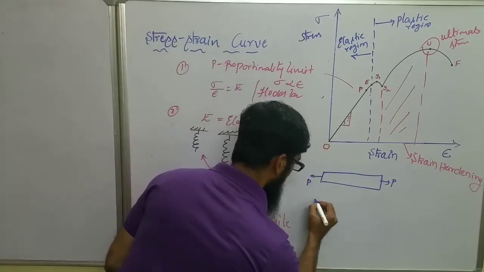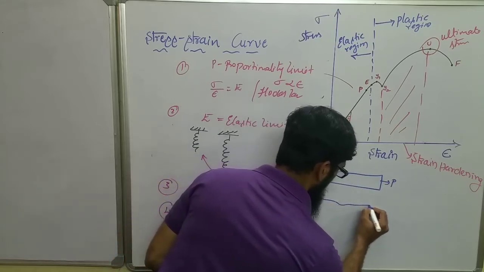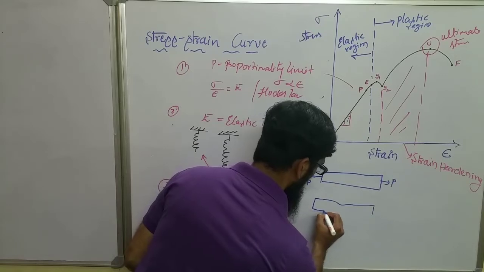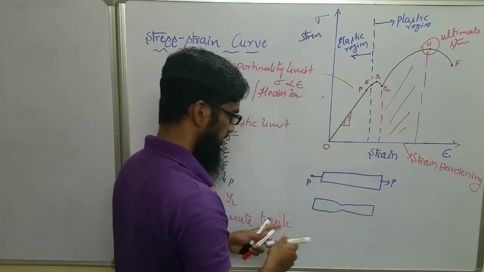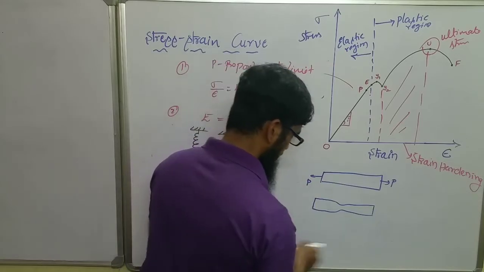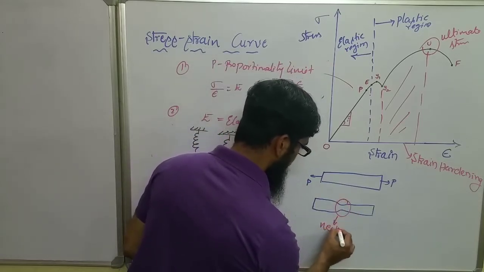At point U, you can see the member will be like this, meaning there will be a formation of a cup. This phenomenon is called necking.